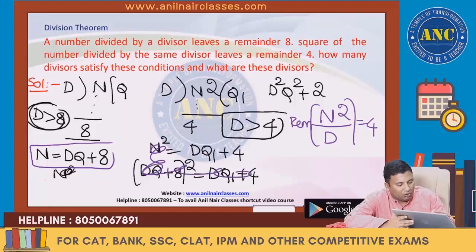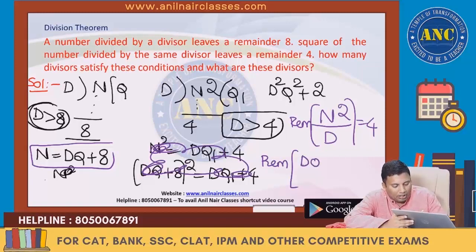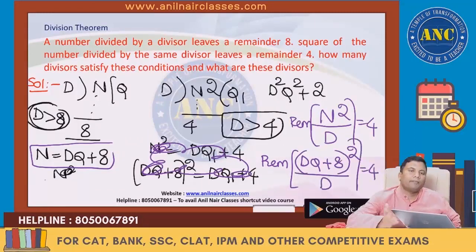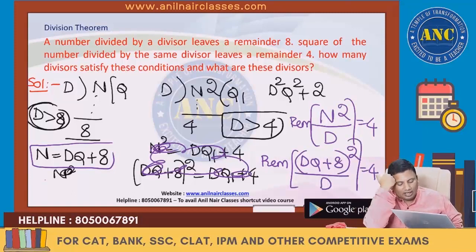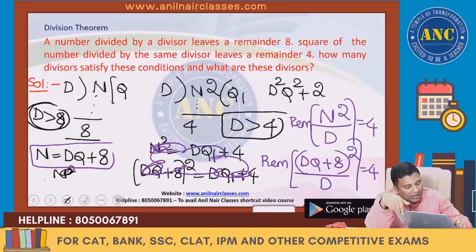You don't need q1 and create another confusion. So this is nothing but (dq plus 8) whole square divided by d is 4. Till here clear? d square q square divided by d completed. I will write it down in a new slide.